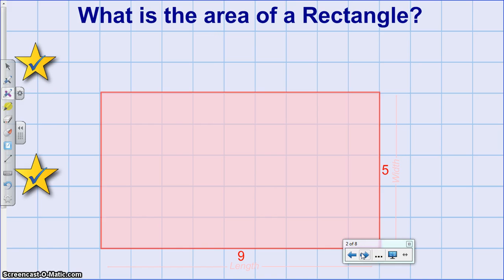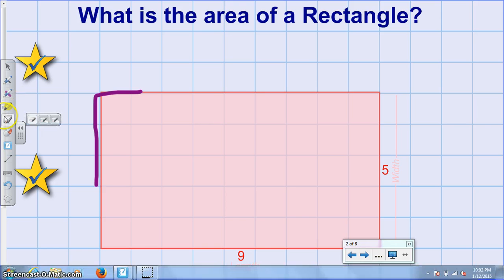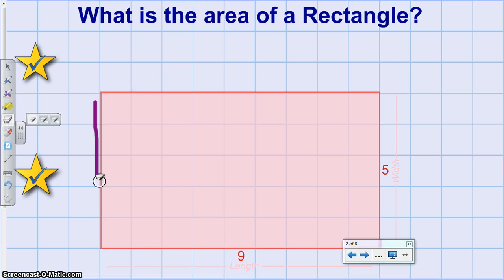If you look here, we have this red rectangle. The perimeter is outside of it, that goes all the way around like that, and the area is everything inside, the whole surface that covers the entire inside of this. That's what we call the area, and we measure area in square units.